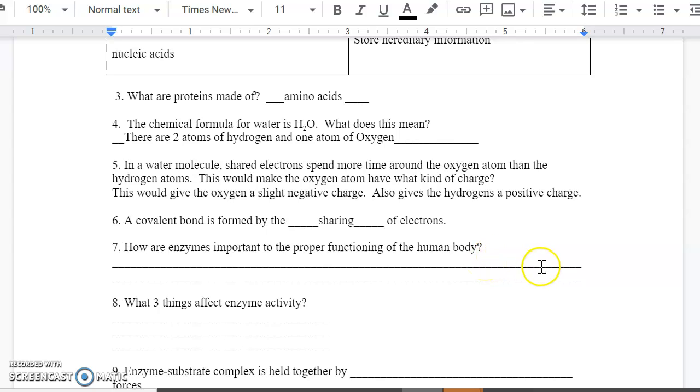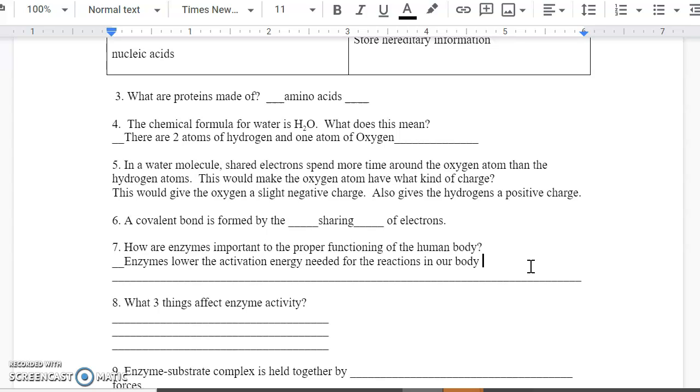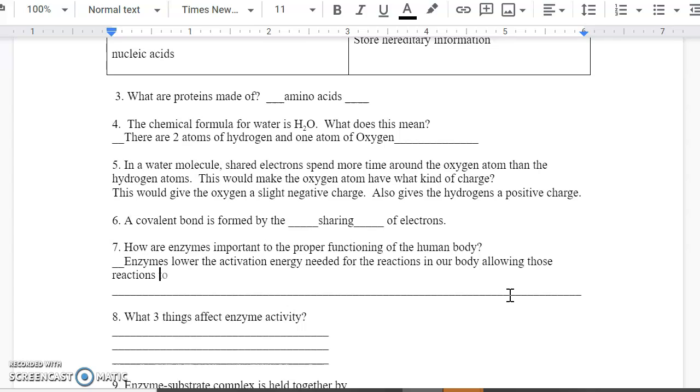So how are enzymes important in the proper functioning of the body? Enzymes lower the activation energy needed for the reactions in our body, allowing those reactions to occur fast enough for us to maintain homeostasis.